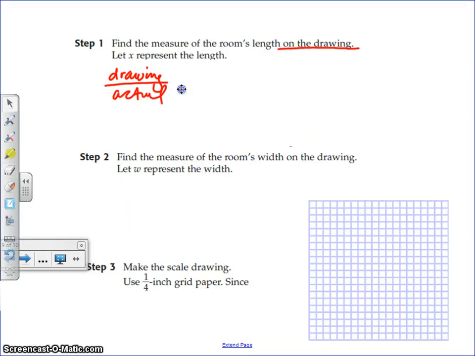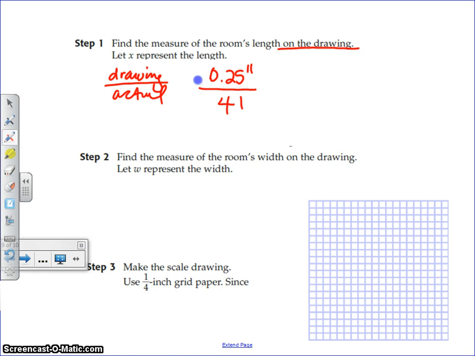I'm going to go back just a second. I'm going to repeat myself. Find the measure of the room's length on the drawing. Let X represent the room length. We're going to do drawing over the actual thing. So in our scale, in the drawing it's 0.25 inches equals 4 feet.